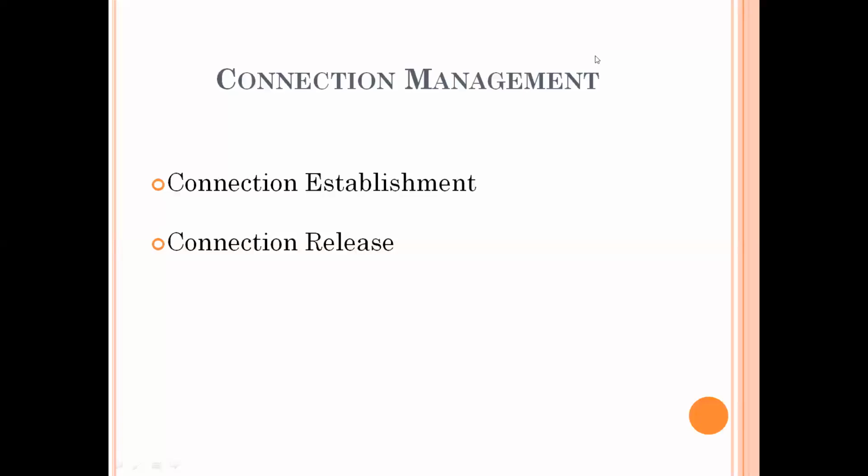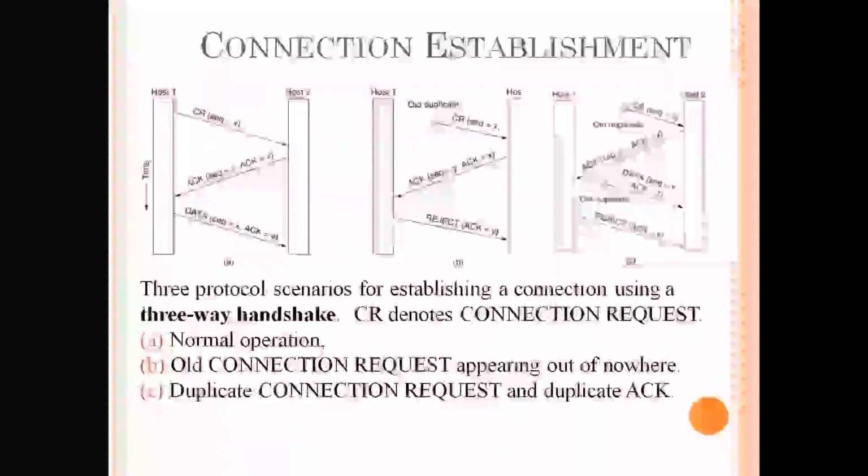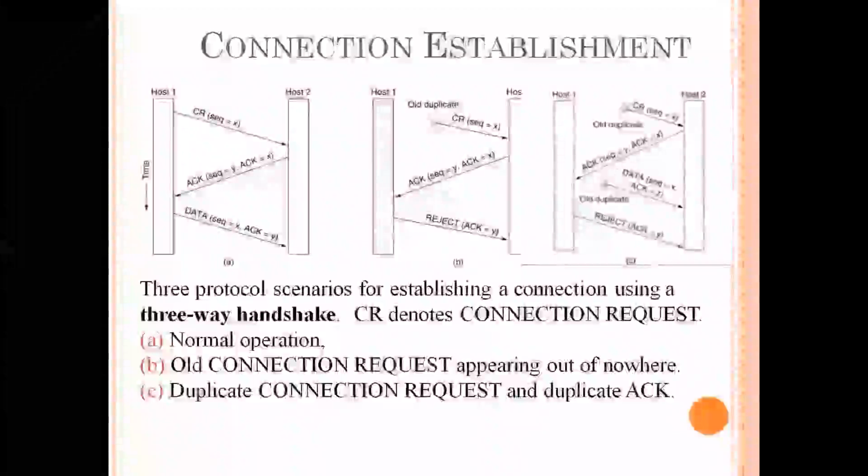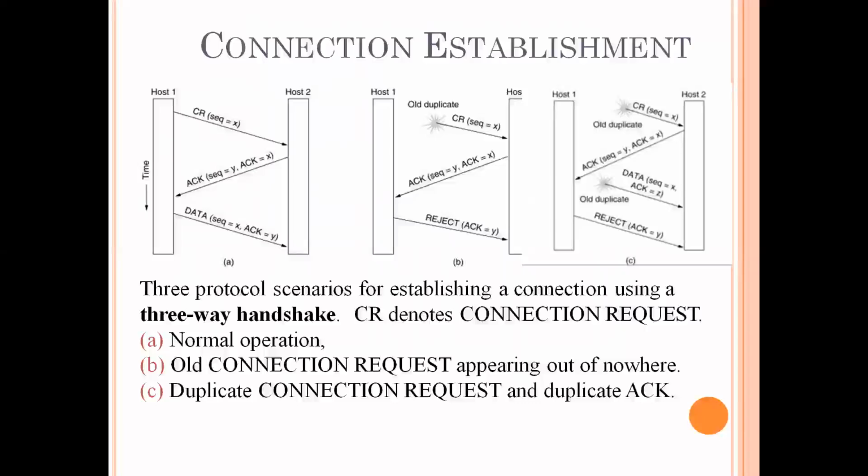Let us look at how a connection is established in the next slide. Here, the problem with the simple connection request and connection accepted exchange is that the network can lose, store, and duplicate packets. This behavior causes serious problems.